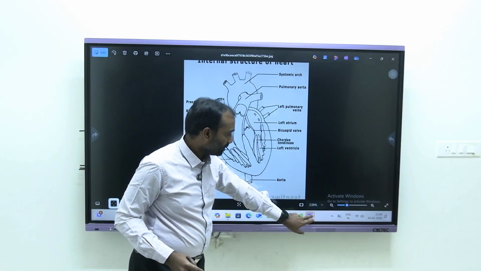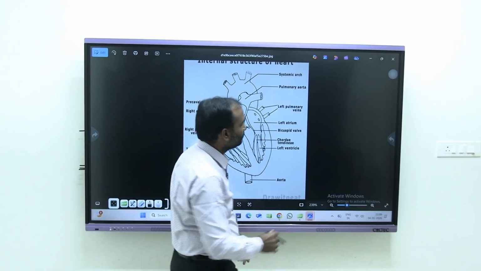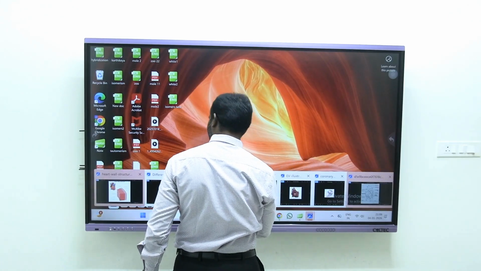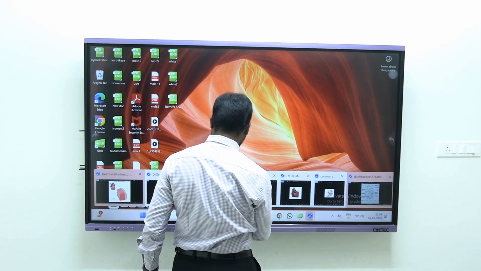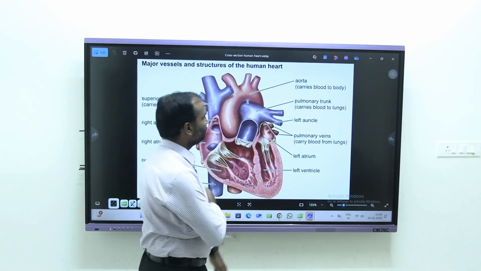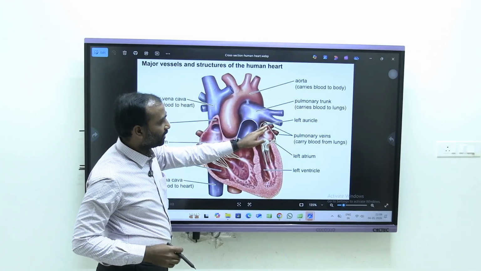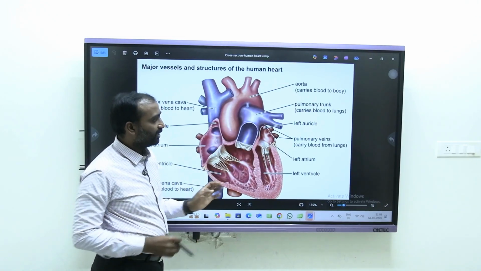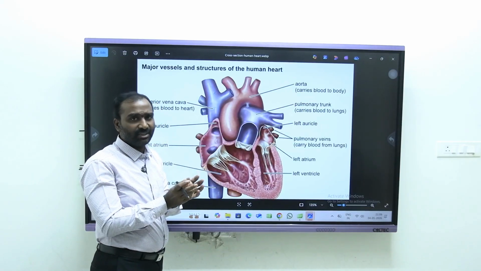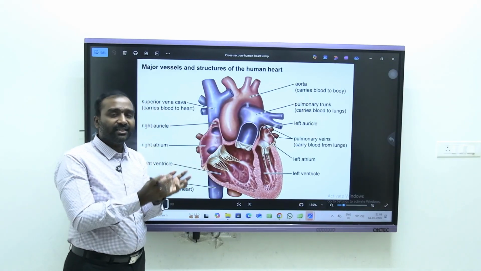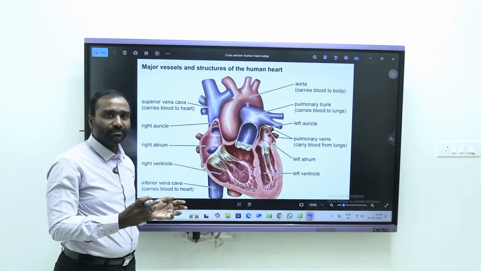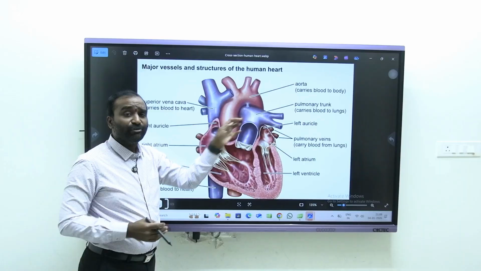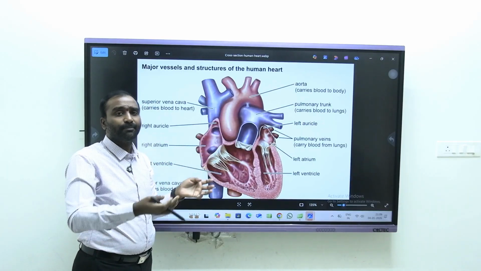Okay, then how are those? Is it clear? So this is an auricle and here it is an atrium. Left auricle, left atrium. So there is a small difference. But what we are mentioning, the atrium is a chamber which has a small ear sac-like structure which helps to adjust the capacity.